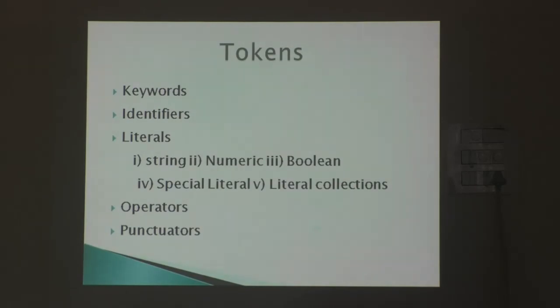Here we have seen only 3 tokens: keywords, identifiers, and literals. Under literals, I explained only one concept in this class, that is string. The remaining literals, and operators and punctuators, we will see in the next class.